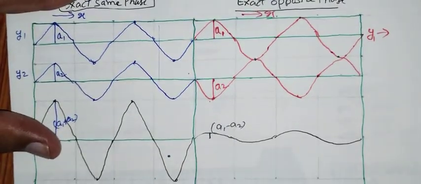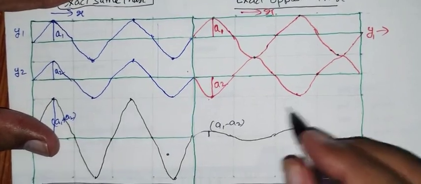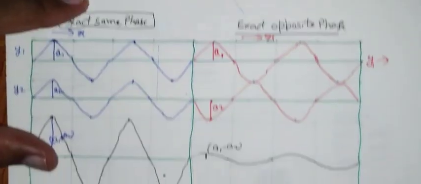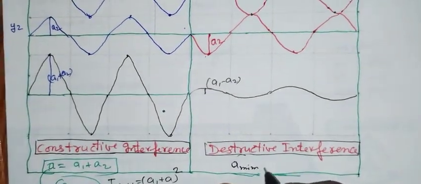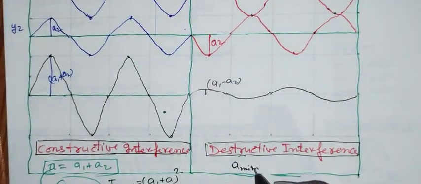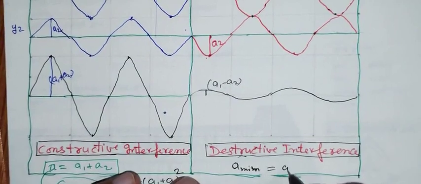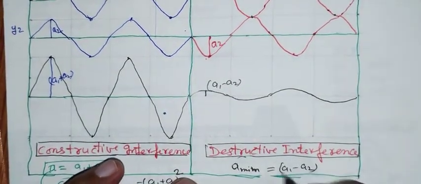So this resultant amplitude, when they meet in exact opposite phase, is known as the minimum, and it is equal to A1 minus A2.